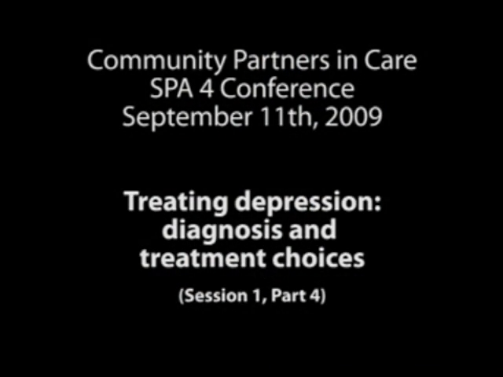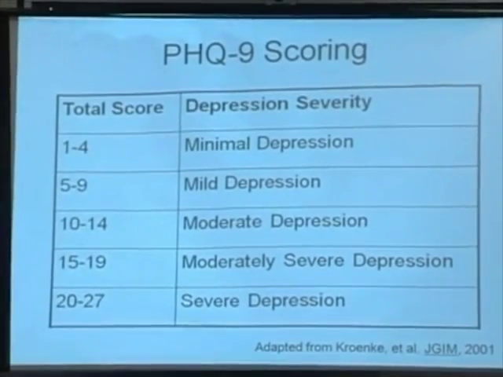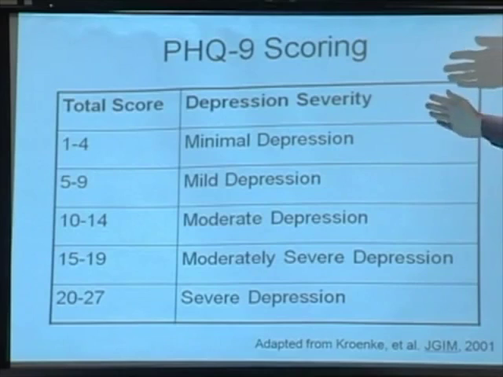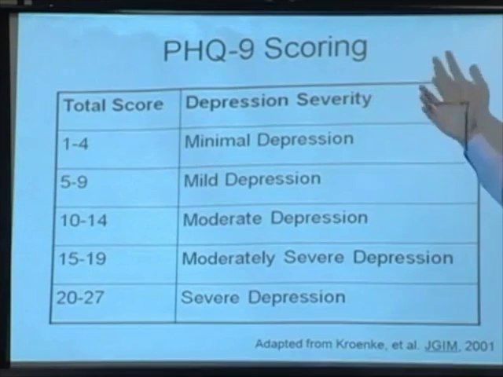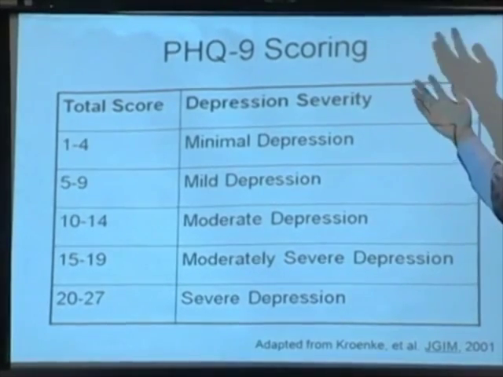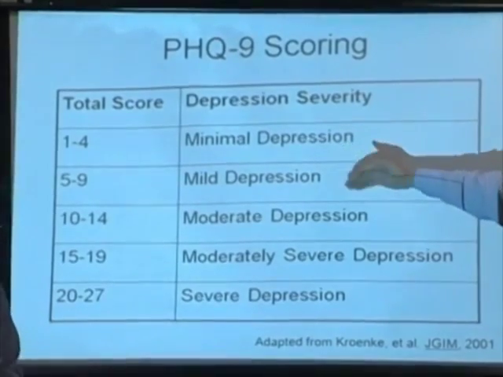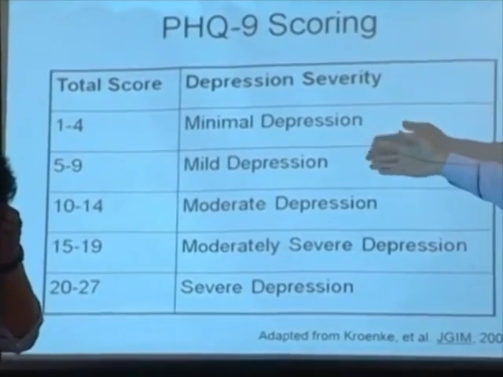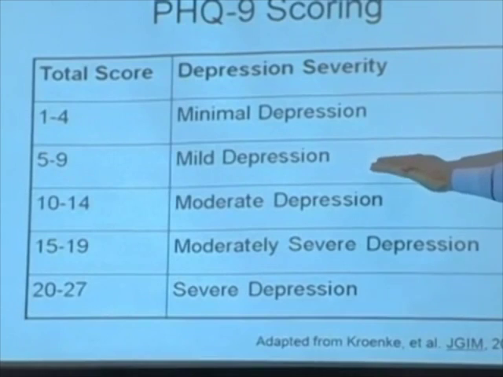But in terms of breaking it down, there are different categories. If somebody's numbers on the PHQ-9 screen fall into a certain range, it gives us a general sense of where they might be if they are depressed. So, for example, somebody who scores 1 to 4 probably doesn't have depression, or at best minimal depression. If somebody scores 5 through 9, we would call that mildly depressed.